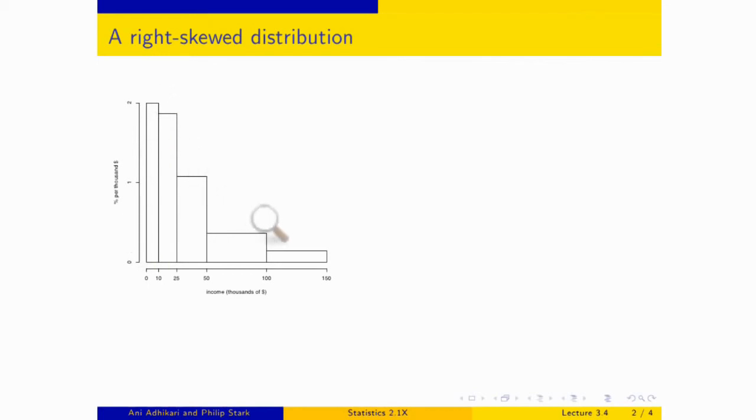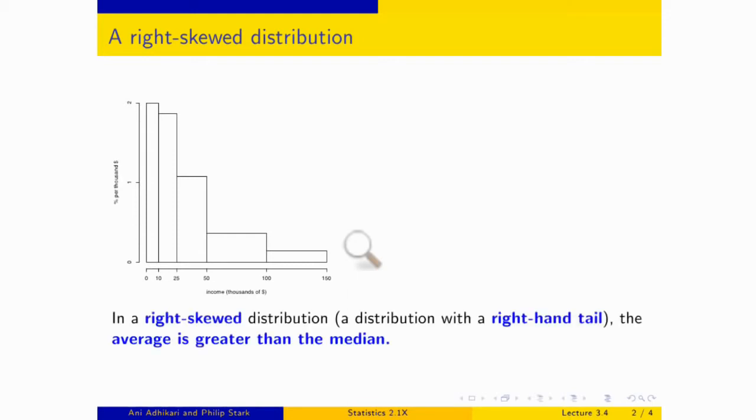It is right skewed, and more vividly, we say it has a right-hand tail. You can see this long wavy thing. And in such a situation, the average is greater than the median. This is exactly the picture that you saw before, where you have the bulk of the observations at one end and then something getting dragged out.